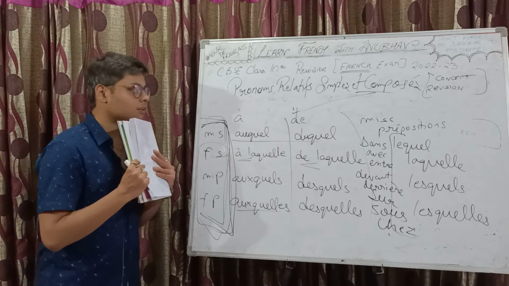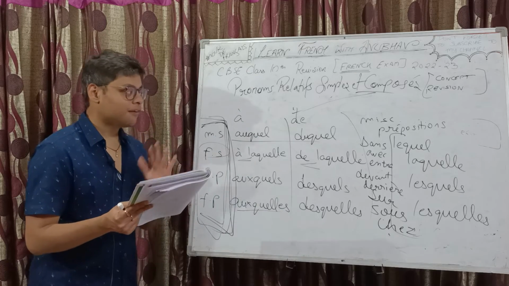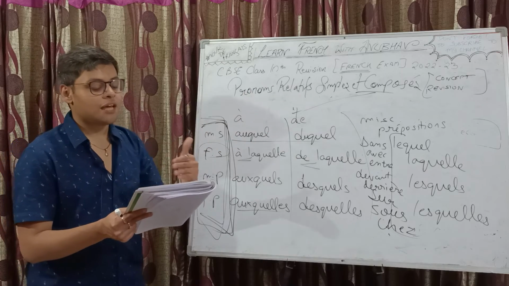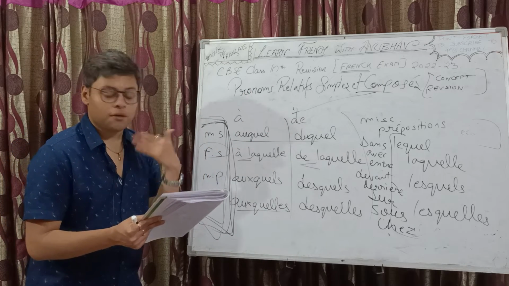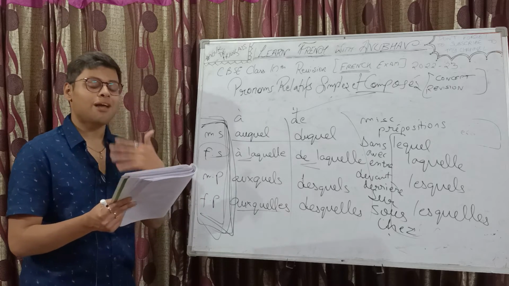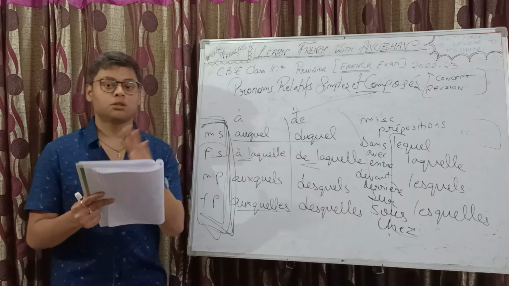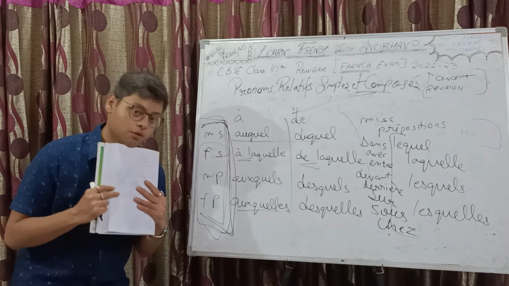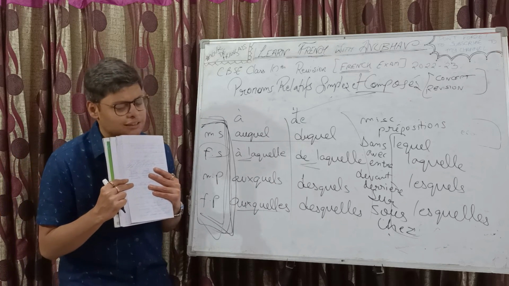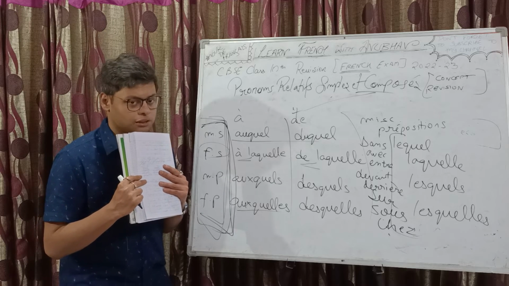Let's directly get into how to choose between pronoms relatifs simples and composés, since we are coming to the topic from your exam perspective. In the initial part of the video, I said that in some questions, both are possible.